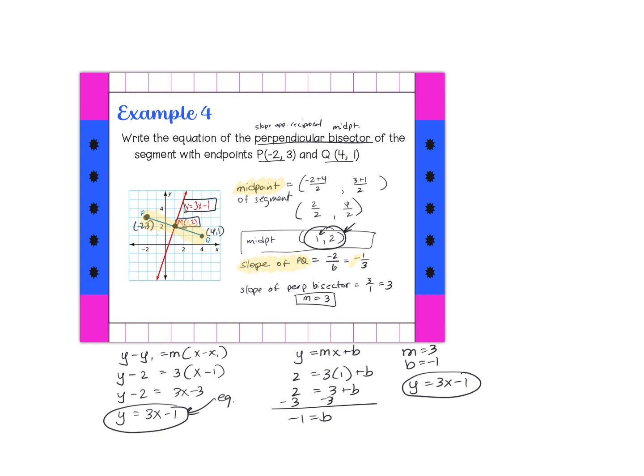And then you're going to have to find the slope of the perpendicular bisector, which is going to be the opposite reciprocal. And then you're going to use the midpoint you found and the slope that you needed, and put it into either point slope or slope intercept form to find the actual equation. So there's a lot of work here, a lot of math required, but this is how you would do that.